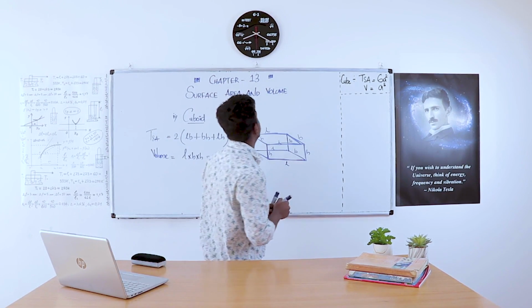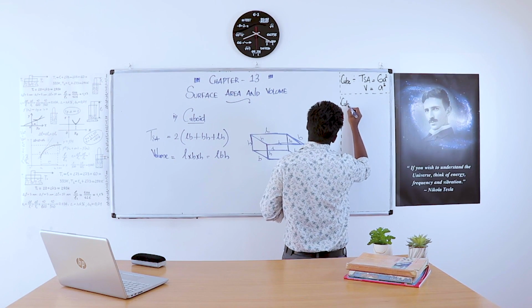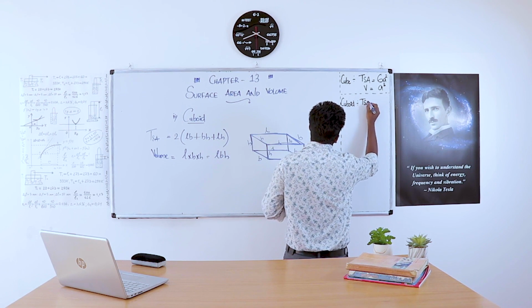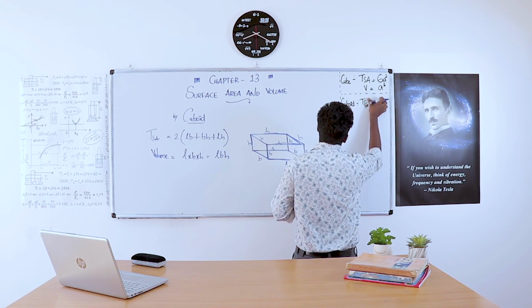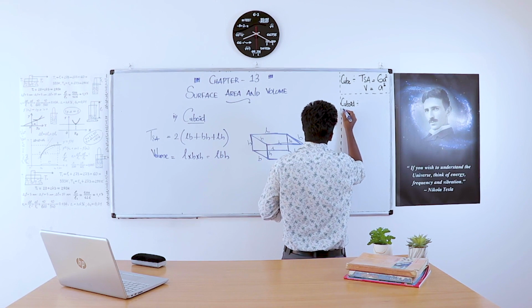Now we studied two figures. First one is a cube, and second one is a cuboid. What is the total surface area of a cuboid?